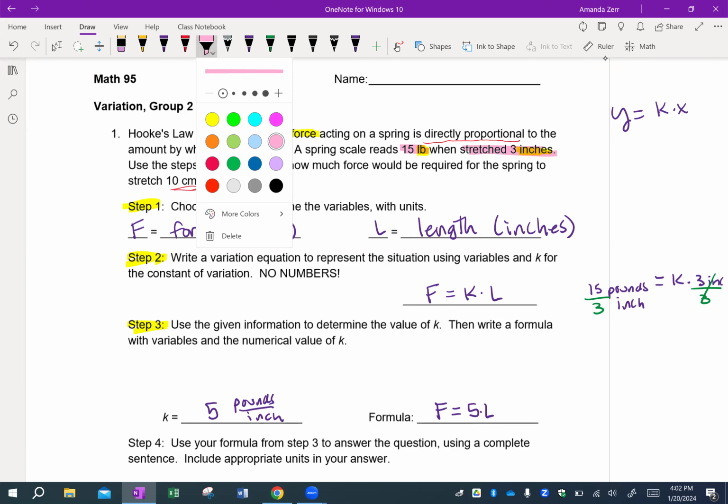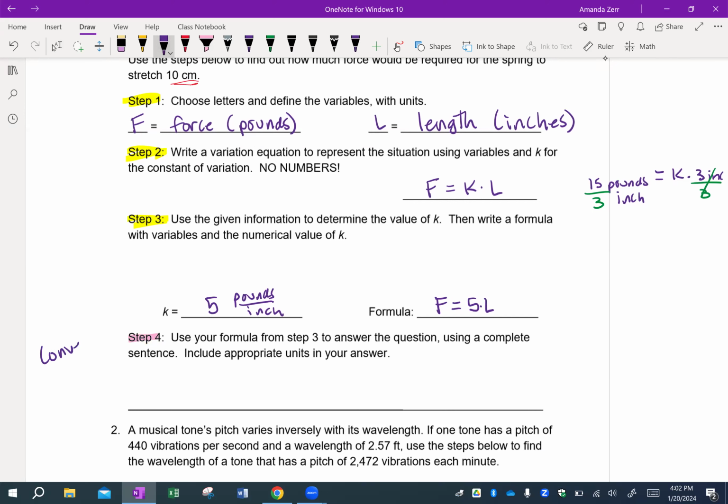Got to convert first. Okay, so I need 10 centimeters, but instead of centimeters, what I want is inches. Okay, so I'm going to use the fact that 1 inch is 2.54 centimeters.